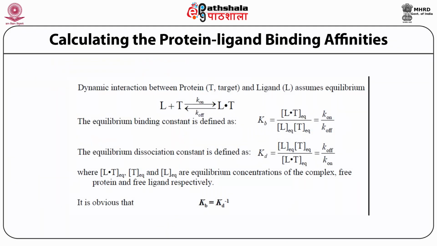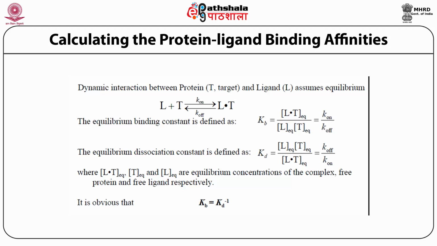Here we describe how to calculate the protein ligand binding affinity. The dynamic interaction between protein, defined here as target T, and ligand L assumes a simple equilibrium: L plus T gives the LT complex. If the reaction is K on, it means complexation of LT occurs. In K off, dissociation of LT occurs.